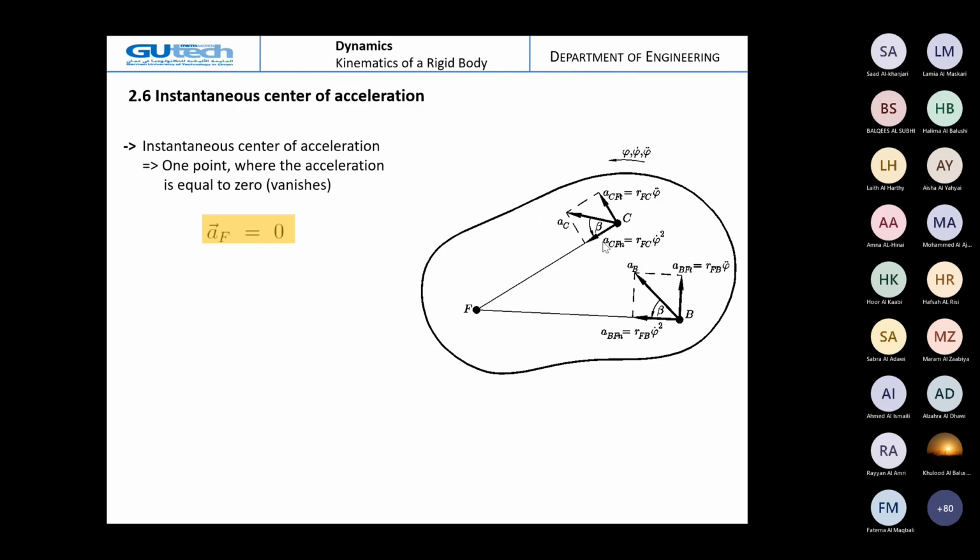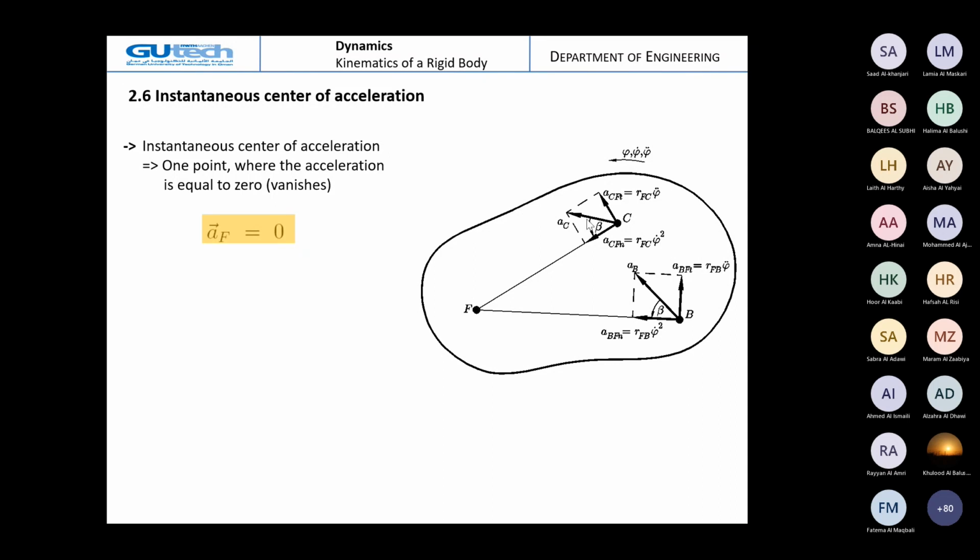The same principle here for the acceleration AB of the point B, we make an angle beta, and when we draw the lines at angle beta, the intersection of the two lines will give the point F where the acceleration is equal to 0. This is the difference. Okay?